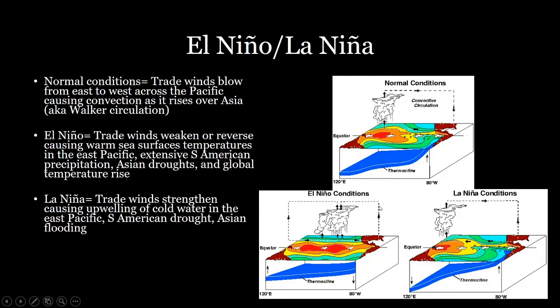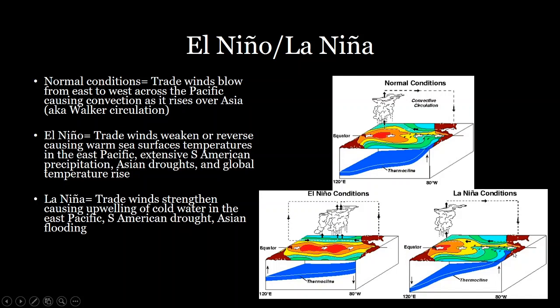Instead of these Walker circulations being weakened or reversed, the normal conditions are amplified. And so you have extremely strong Walker circulation, with strong wind patterns moving the wind and the water really strongly westward, and that draws all of the warm water to Asia, and it brings up a lot of cold, deep water in South America and the Eastern Pacific.